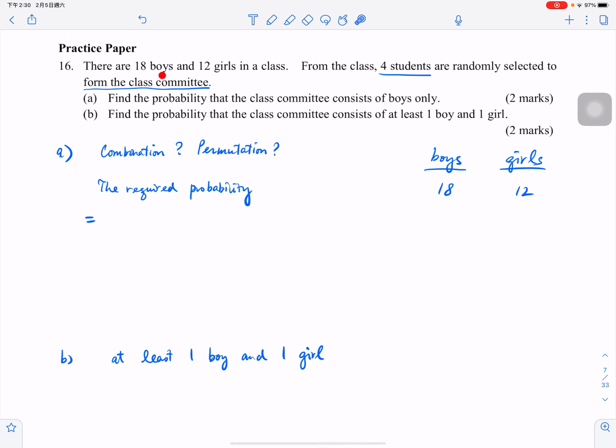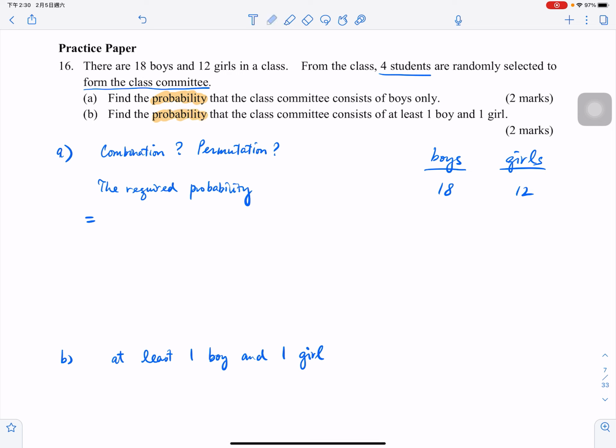Now there are 18 boys and 12 girls in a class. From the class, 4 students are randomly selected to form the class committee. This time choose 4. This is the situation. Any conditions, part A and part B will tell you. Now find the probability.